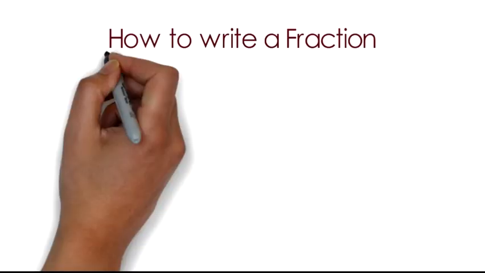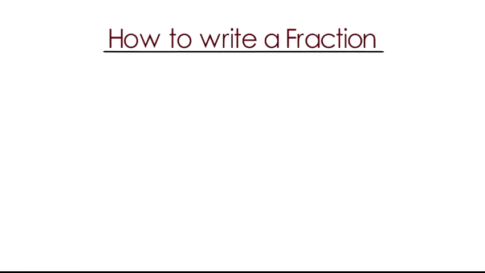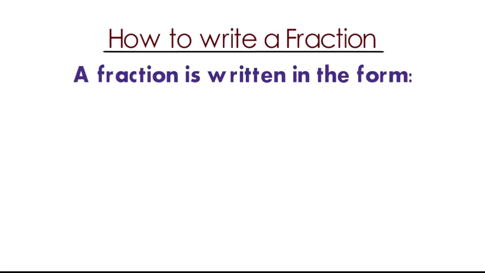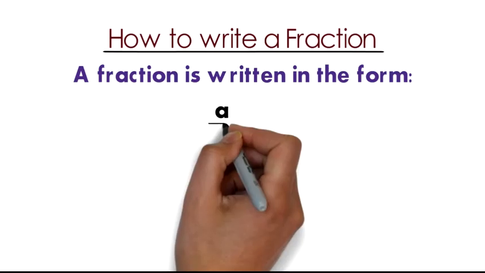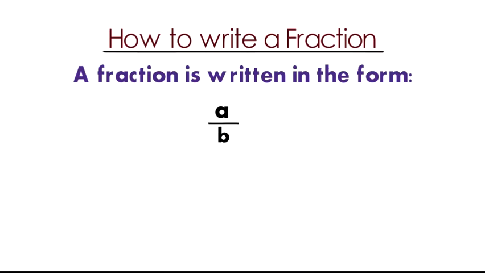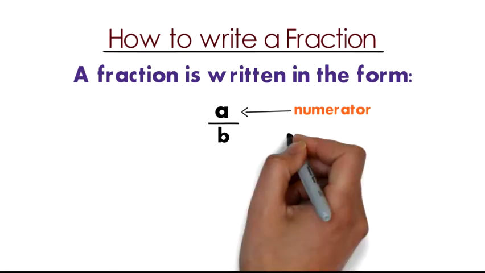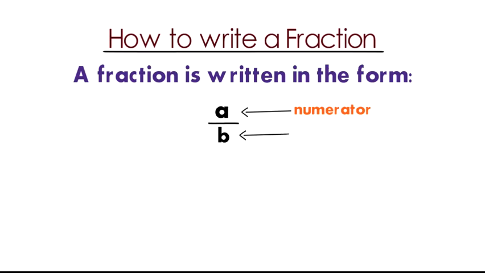Next, we will learn how to write fraction. A fraction is written in the form A/B. The letter A, which is written above the line, is called the numerator, while the letter B, written below the line, is called the denominator.